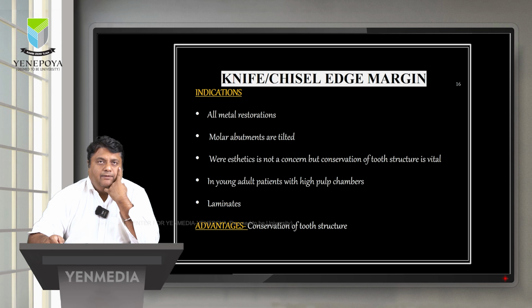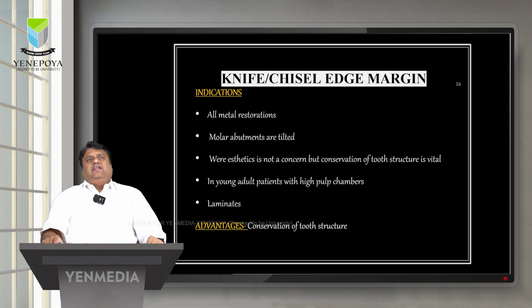So usually most of the times this type of finish line is not used, because if you decide to give a PFM crown, the thickness of the margin is not good. It is just 0.3 to 0.5 mm. So sometimes while trying to add ceramic, there can be chances of over contouring the tooth, and chances of overextension of the metal.